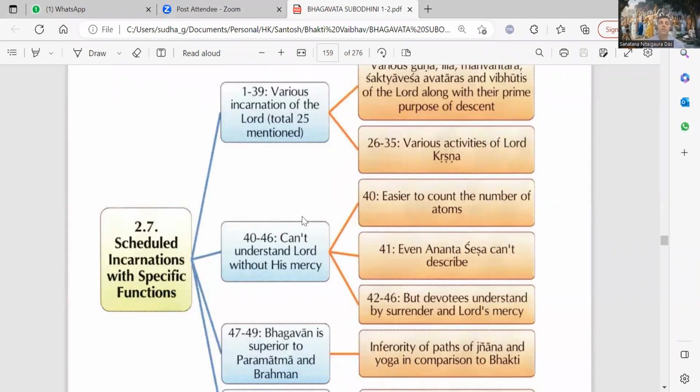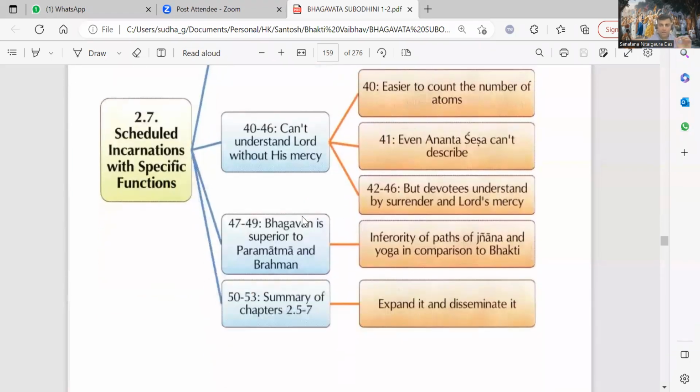Then of course we'll try to understand who can understand the Lord or who cannot understand the Lord and what is required for that. We'll also compare Lord Brahmaji talking to Narad Muni on the fundamental glory of Bhakti Yoga compared to the other processes. And he ends this particular chapter along with the previous 2 chapters.